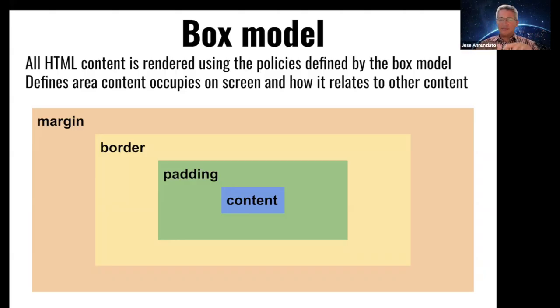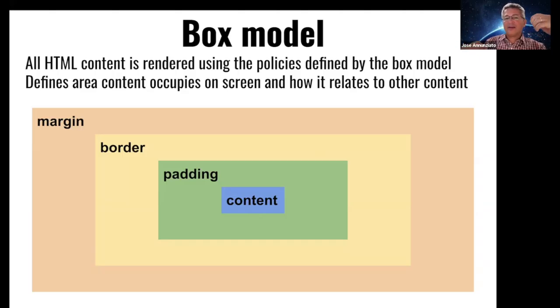And then based on the XY position and how wide and tall it is, inside of that box, it breaks up that box into these four areas. The innermost area is the actual content, and this could be an individual character or a word, or collection of words inside of a tag.